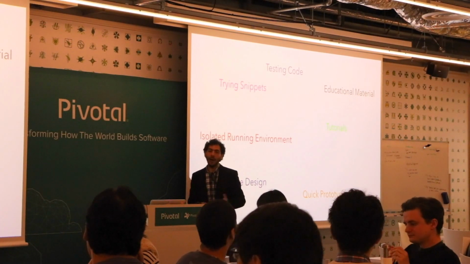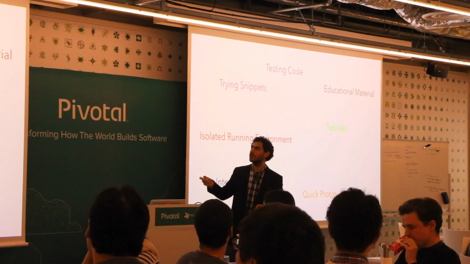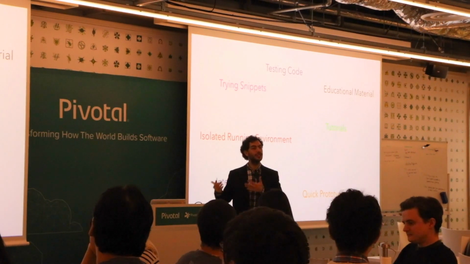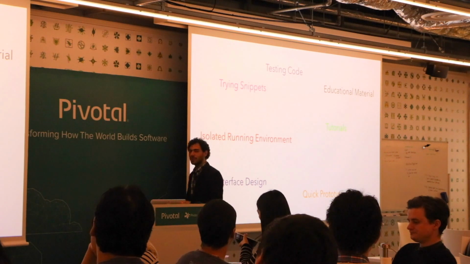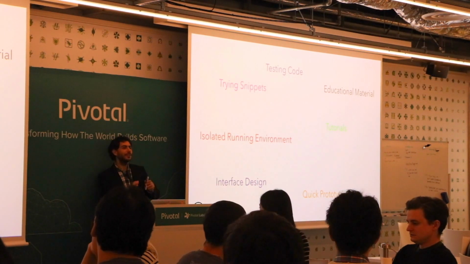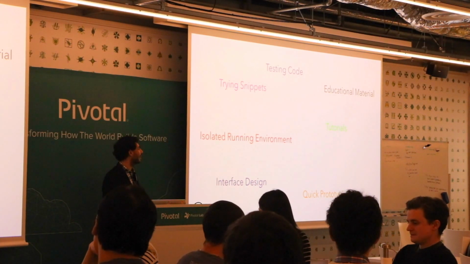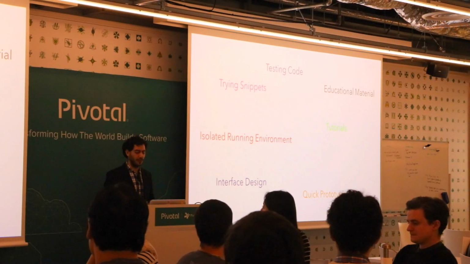And nowadays it's also used for writing educational material, tutorials, and a lot more things. So it's great for this niche of use cases that is increasingly growing over time.